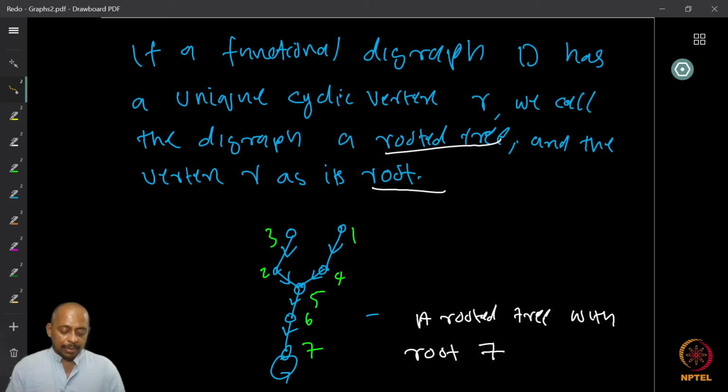So in this example, you have 7 as the root of the functional digraph because 7 is the single cyclic vertex, which is in a loop, and every other vertex has exactly one outgoing edge, so therefore it's actually a functional digraph. So we have a rooted tree now. The rooted tree is basically a functional digraph with exactly one cyclic vertex.